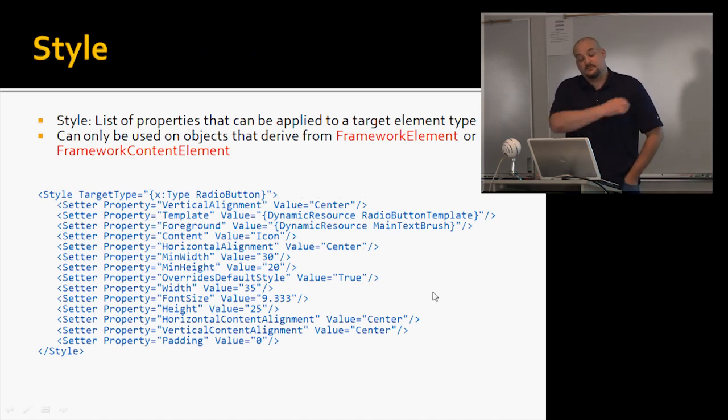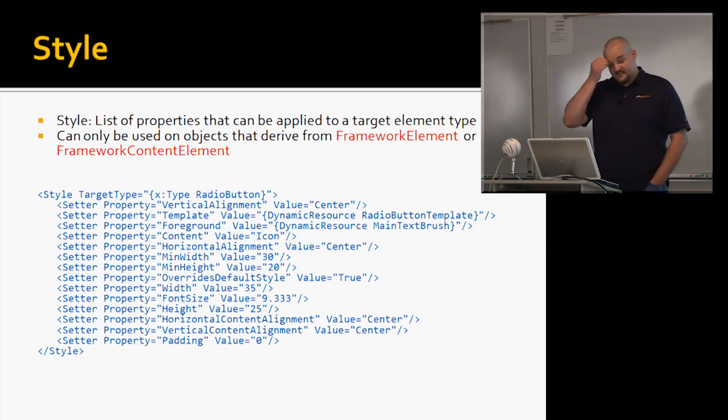All right, styles. Styles are kind of like WPF's CSS, cascading style sheets. It allows you to define a list of properties that you want to apply to a certain type of object. In this example, the type here is RadioButton, and I want to set these specific values for this list of properties on a radio button.